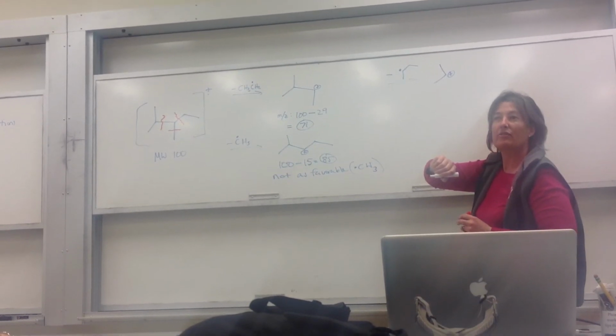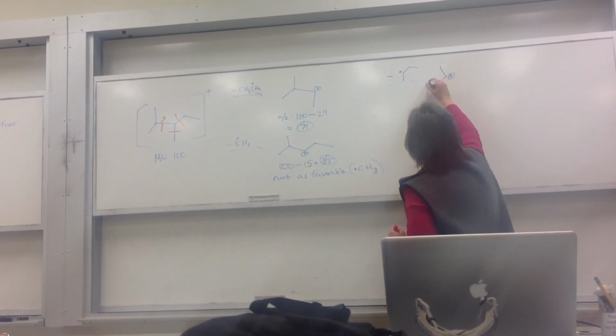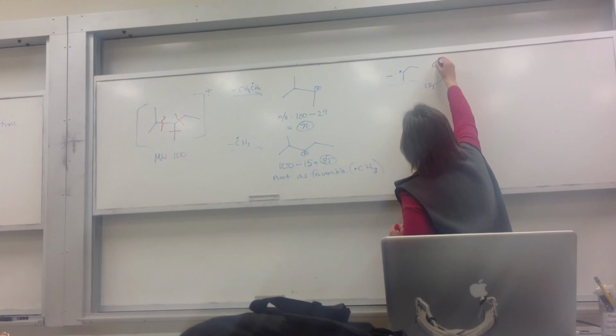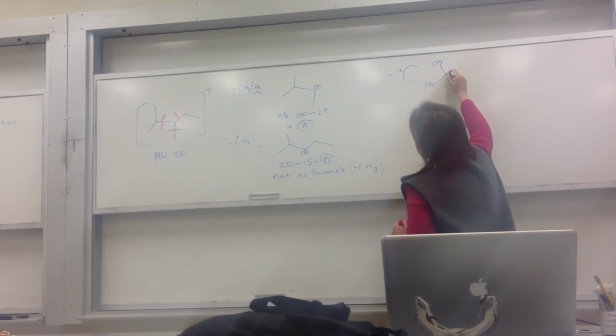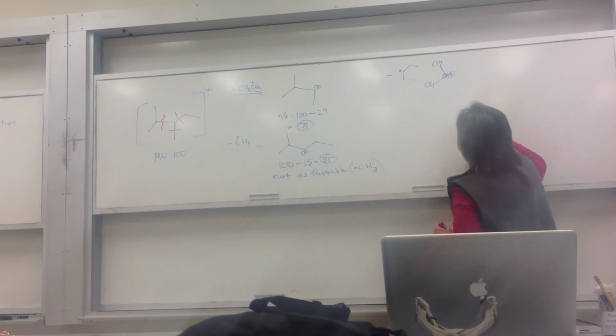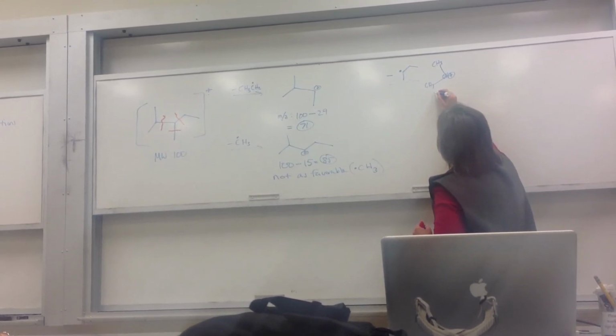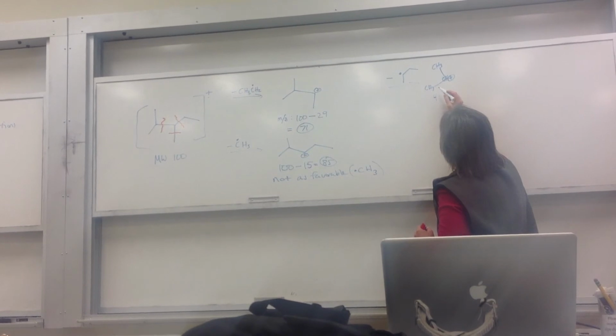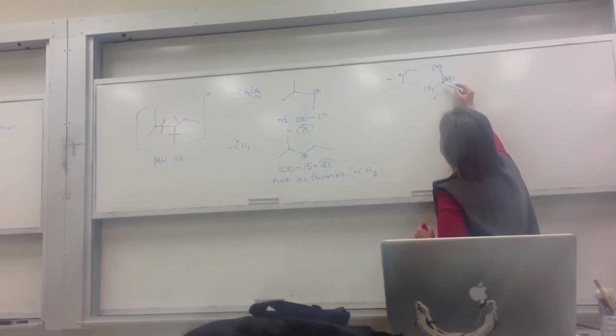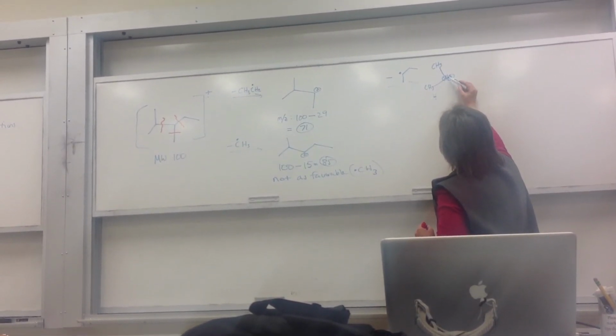That might be easier to count forward on this one. So if this is actually a CH3 up here, and what is this thing? CH. So what are we looking at there? 42. Let's see, 36, 39, 40, 43.